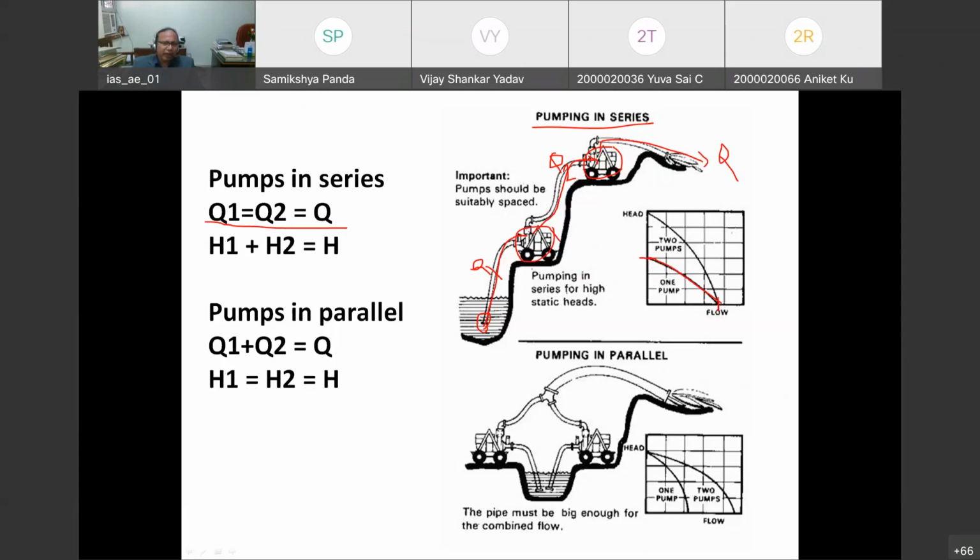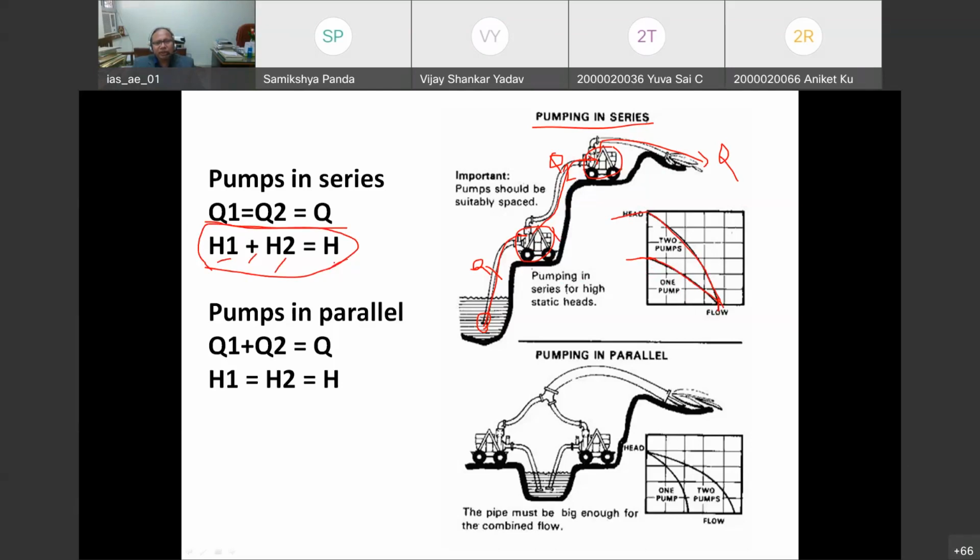But if you add another pump in series, the head will be increased from this place to this place, meaning there is an enhancement in the head, but the discharge will be the same. So here the head H will be H1 plus H2.